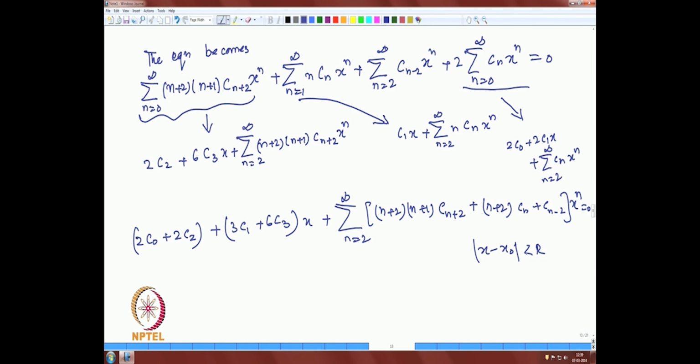So, equating the coefficients of the powers on the left hand side to 0, because the right hand side is already 0, we get 2 c_0 plus 2 c_2 is 0 and 3 c_1 plus 6 c_3 is 0, and this gives c_2 is minus c_0 and c_3 is minus half c_1.